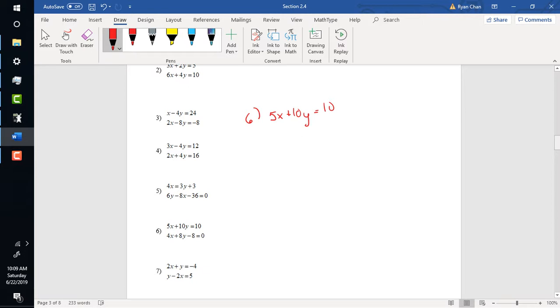So what I need to do is move my x over and then divide by 10. So I'm going to subtract 5x, and I'll divide everything by 10. Okay, so that is my first line.